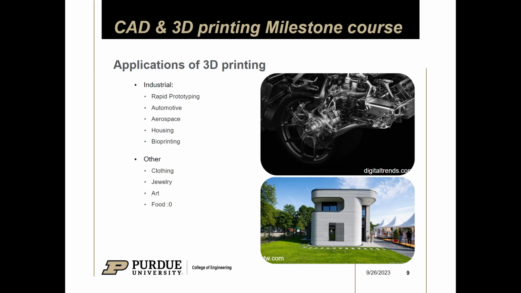They 3D print stuff and it goes in cars. I know Porsche 3D prints their pistons for one of their high performance sports cars, which is really cool. And there are other bigger things happening like 3D printing houses. So it's a really cool up and coming industry, and we get to tap into that too.